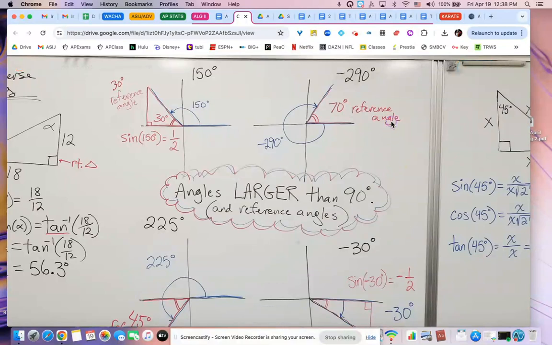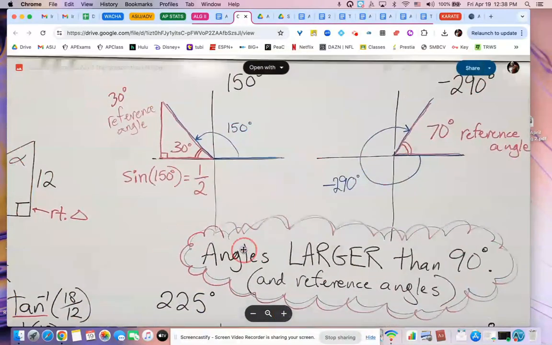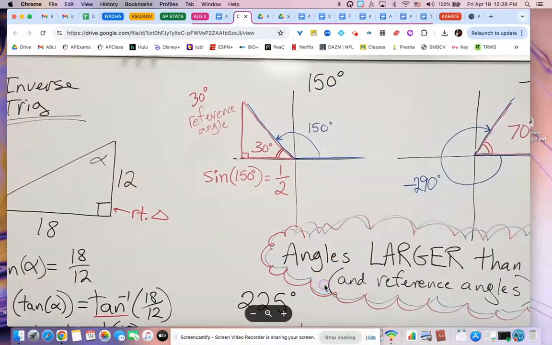So let's take a look up here. Let's look at this 150-degree angle in the top left-hand corner to begin with. Let me bring that down a little bit. Okay, so normally we have triangles like this, and we have an angle over here that's anywhere between 0 and 90. And that's what we work with.